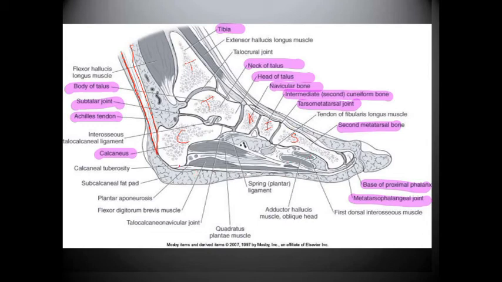Additionally, we have the subtalar joint and the sinus tarsi, which allows for the interosseous talocalcaneal ligament. We have the talocrural joint.